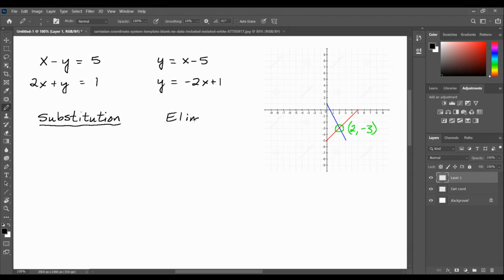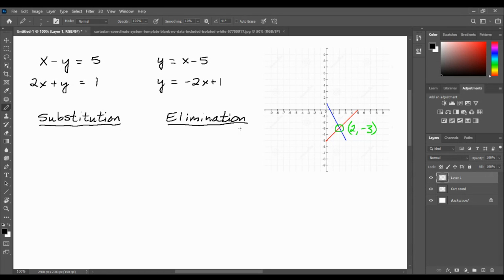I'm going to show you both of them. As to which one you would want to use, it depends on the equations specifically and how easy it is to use one or the other. Sometimes elimination is easier, sometimes substitution is easier.